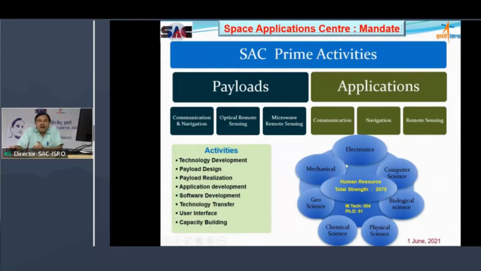You find an electronics engineer also, a mechanical engineer also, a computer scientist also, and a geoscientist also. A science teacher like you also can, if he has a master's degree or PhD degree, he can come and join ISRO and work for geoscience or biological science or physical science or chemical science. So all these activities happen at our place here in Ahmedabad because we do a lot of application, as this title suggests.